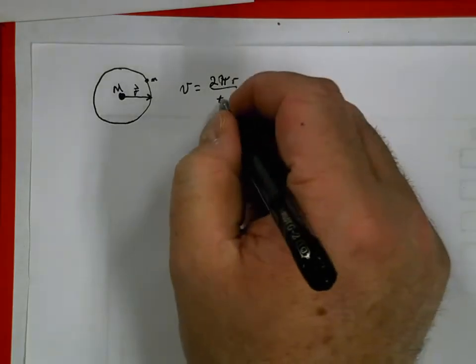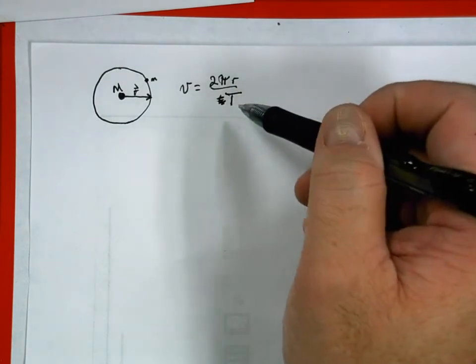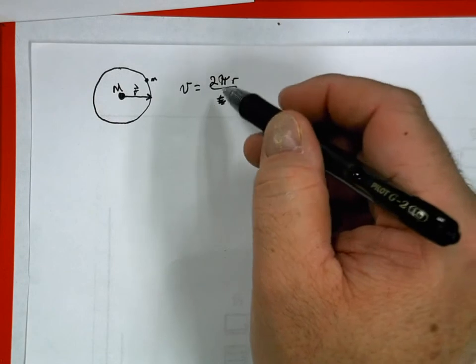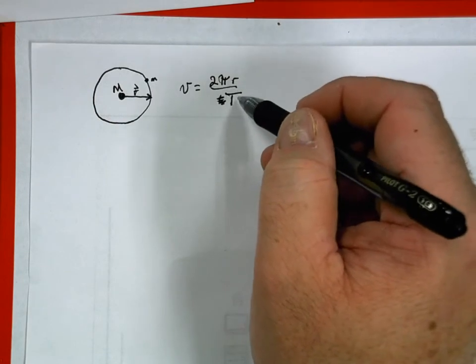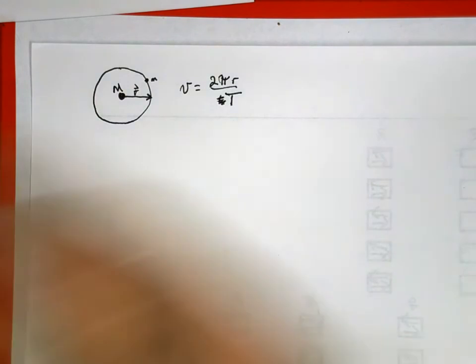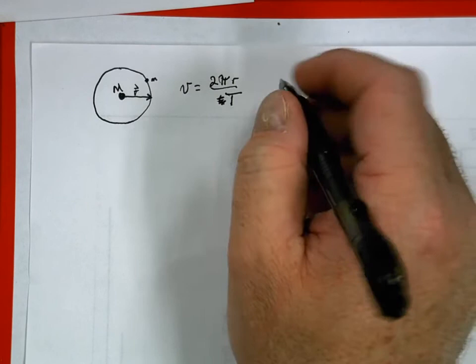And this t is no longer just t, it is now capital T, because capital T stands for the period of rotation: every T seconds you're going around the circle, a distance of 2 pi r. That's by definition what T is. So we're going to have this off to the side.